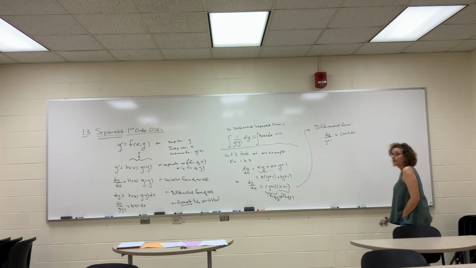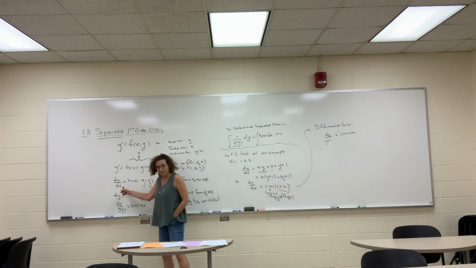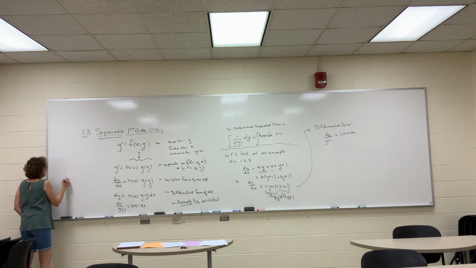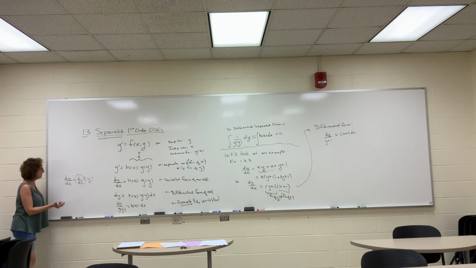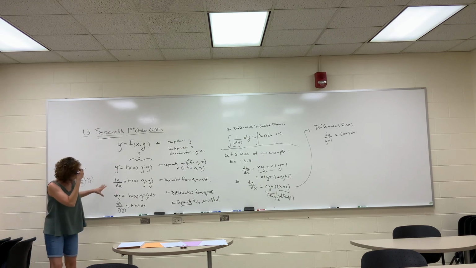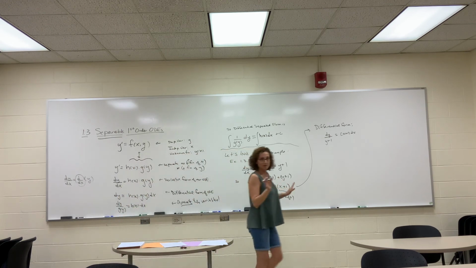Let's be clear here, we're not multiplying by dx. This is not a fraction. The derivative of y with respect to x is the derivative operator, derivative with respect to x, applied to y. This is all one operation. But if that's the way you have to think about it, multiplying by dx in order to get to your differential form, then just do that and don't tell me.